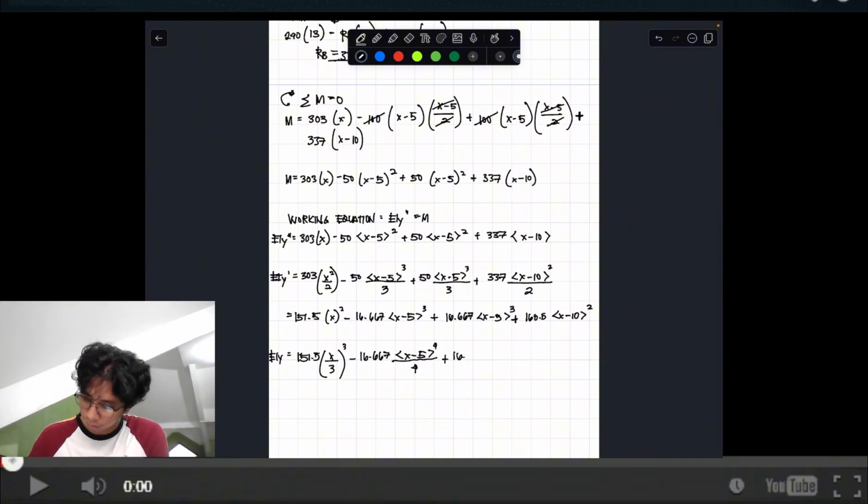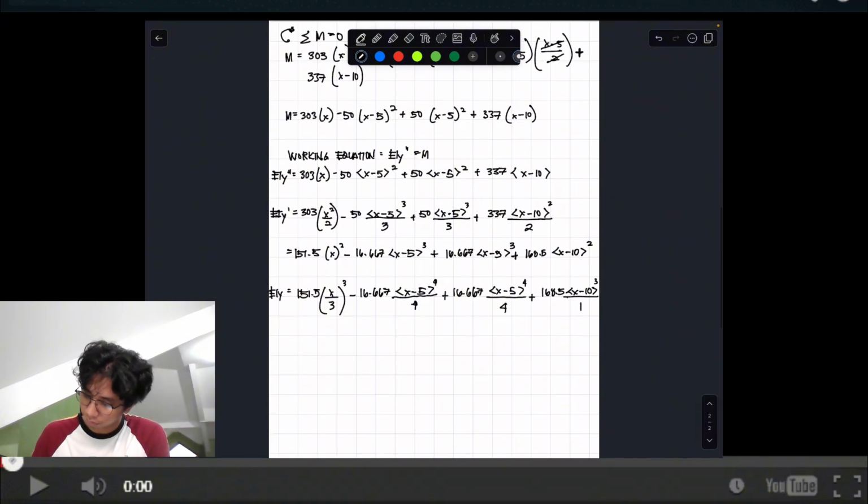Plus copy 16.667, ganun ulit, (x minus 5) multiply by (x minus 5), which is n plus 1, 3 plus 1 divided by 4, copy 168.5 multiply by (x minus 10) raised to the power of 3, n plus 1 divided by 3.